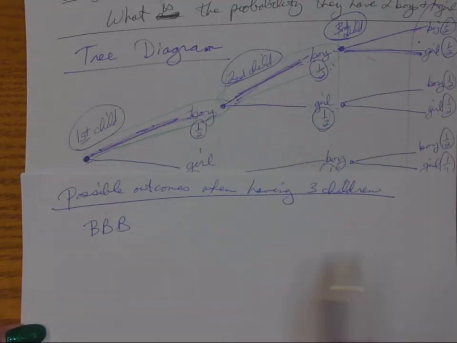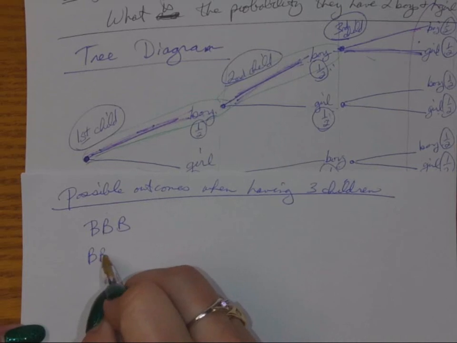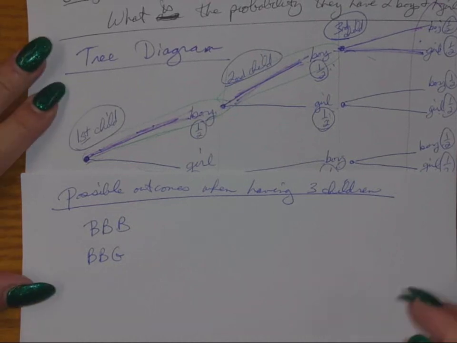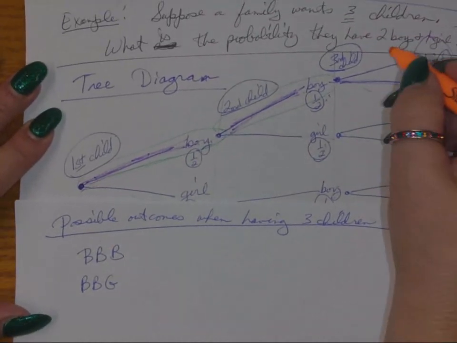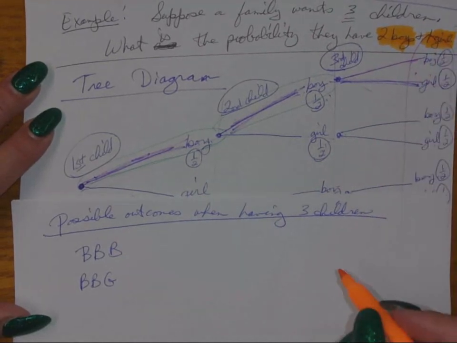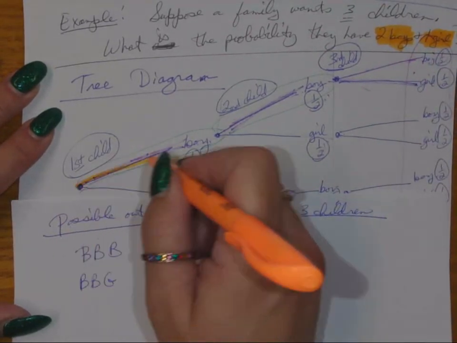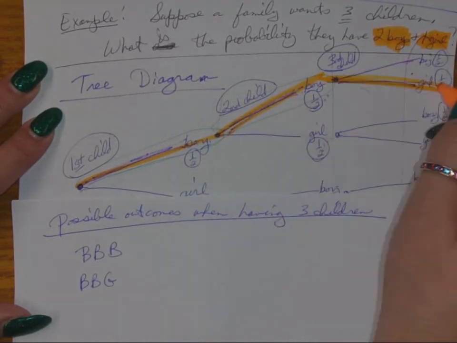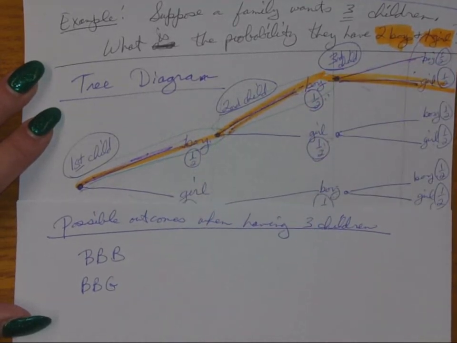BBG is how I'm going to write that. And just for good measure, I'm going to highlight it to make sure we know that's one of the pathways we wanted, because we wanted 2 boys and 1 girl. Everybody remember that. So, boy, boy, girl. That gives me the 2 boys and 1 girl option, right?